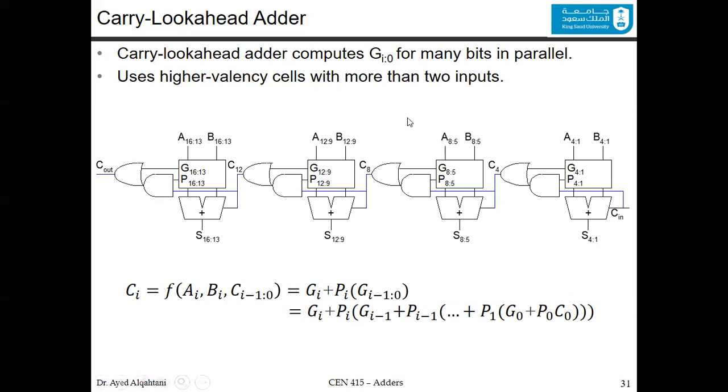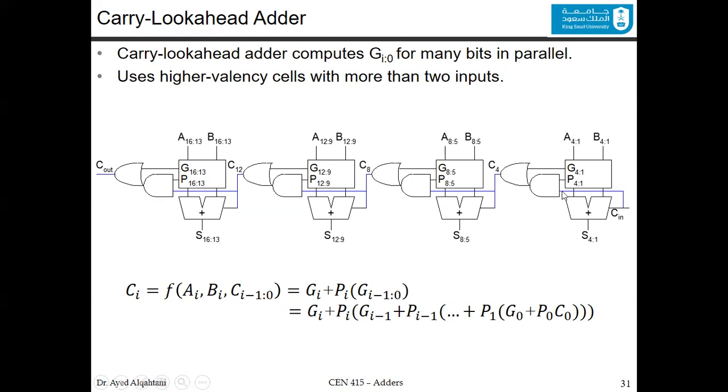This is an example where we combine the carry look-ahead adder with the carry ripple adder. So it's kind of a middle ground. And here we have 4 groups. Each group uses the carry look-ahead adder, carry look-ahead adder, carry look-ahead adder, and the carry look-ahead adder.